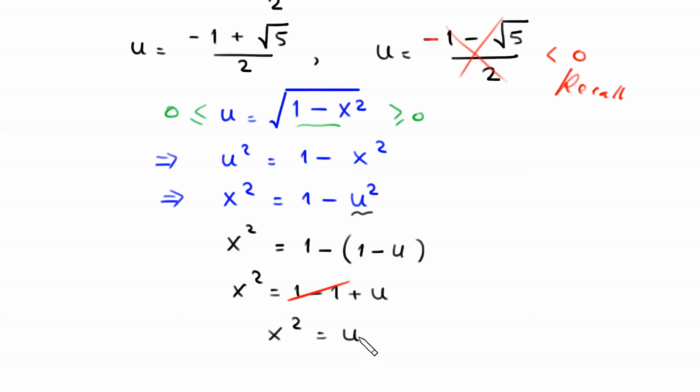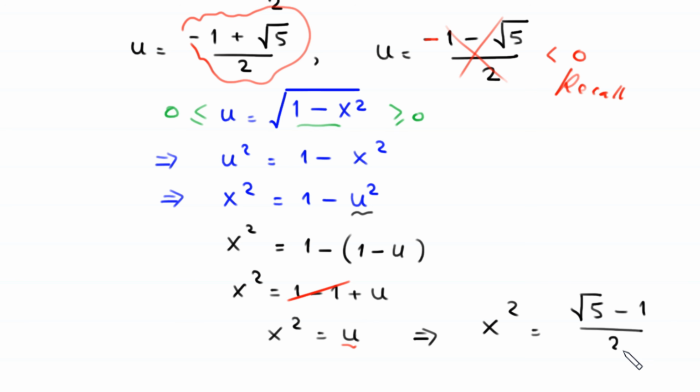So we replace this u with this value, negative 1 plus root 5 over 2. Then this implies that x squared is equal to root 5 minus 1 over 2.